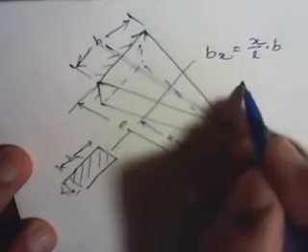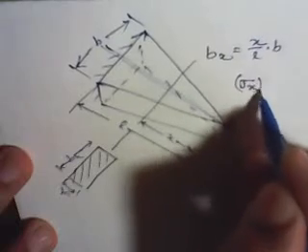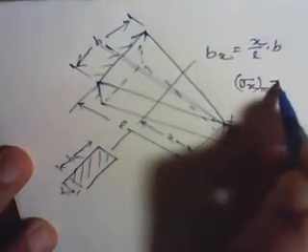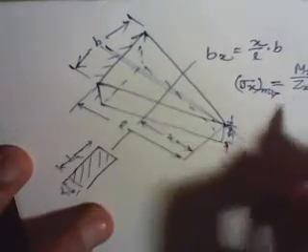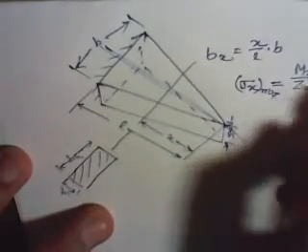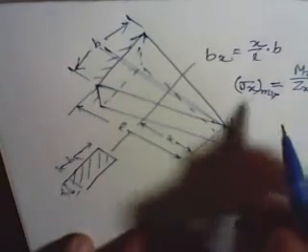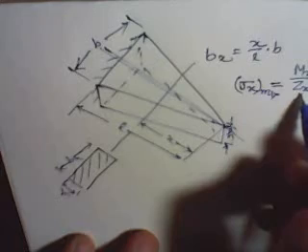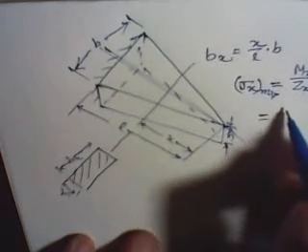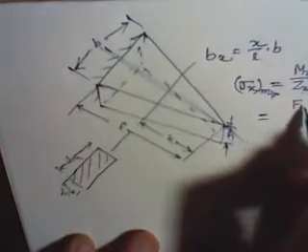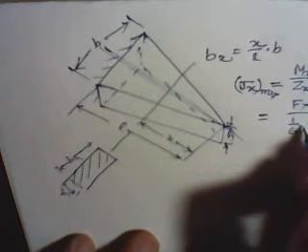That we can see if I substitute: sigma X maximum is equal to Mx by Zx. That was our formula for evaluating sigma X. Now Zx, we know, is 1 by 6 BH square. If I substitute the values, Mx is F into x, this is 1 by 6.